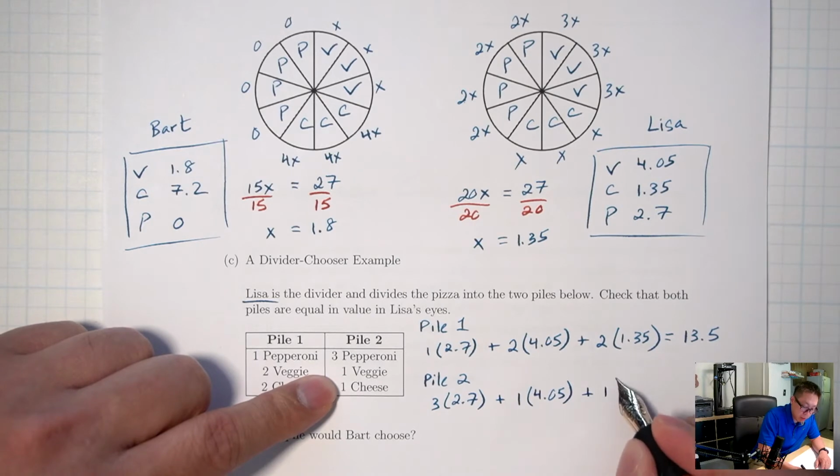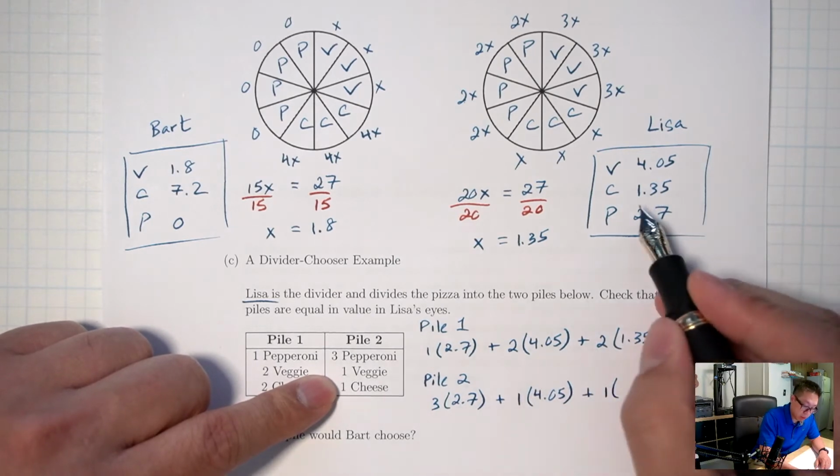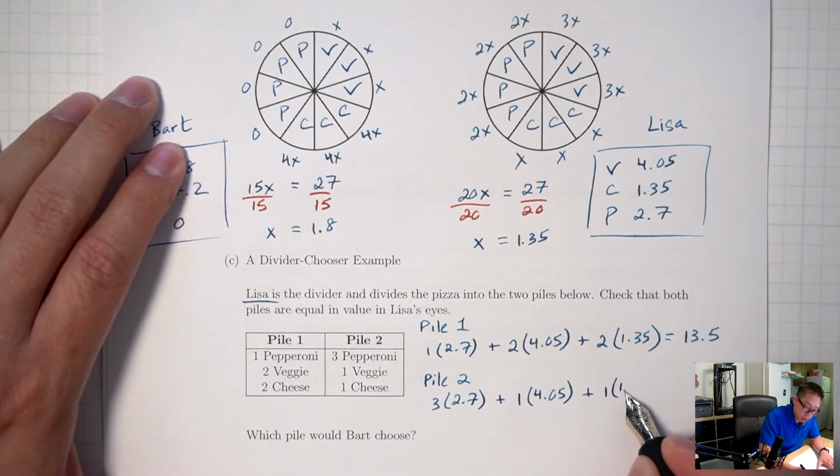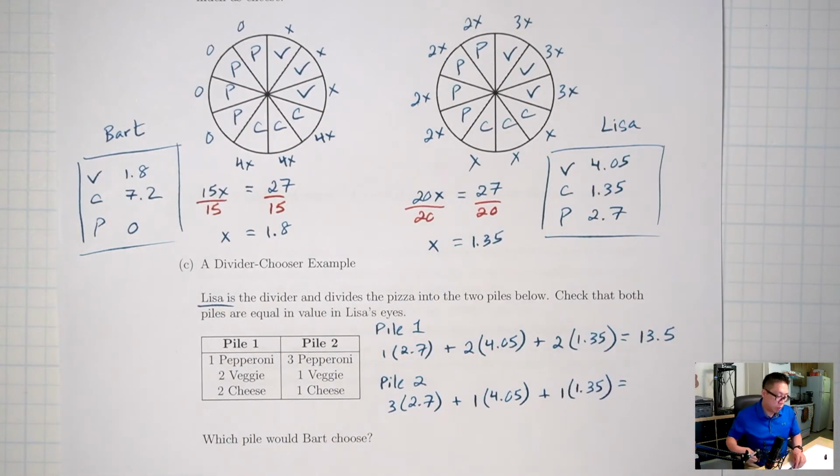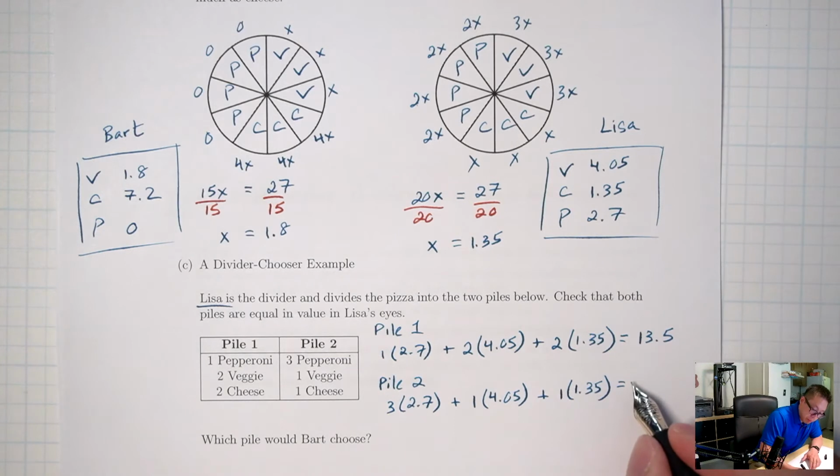So 1 times the value of the cheese for Lisa. So cheese for Lisa was 1.35. So 3 times 2.7 plus 1 times 4.05 plus 1 times 1.35. 13.5.